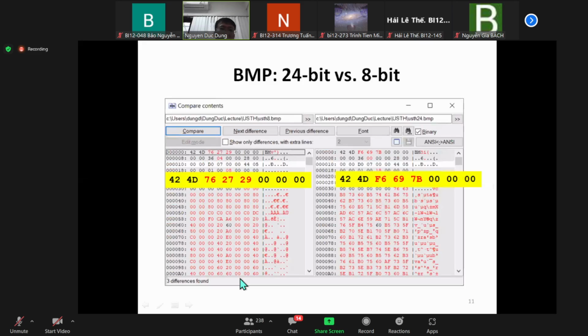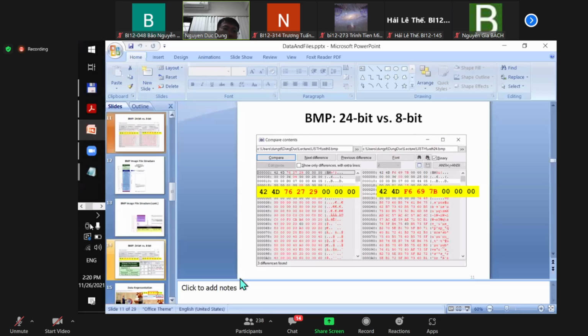And here is the inside of two files, USTH8.bmp and USTH24.bmp. Here, we could verify it.